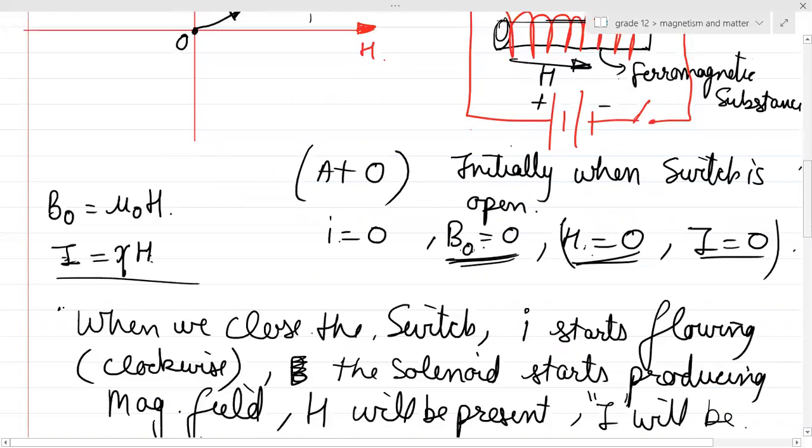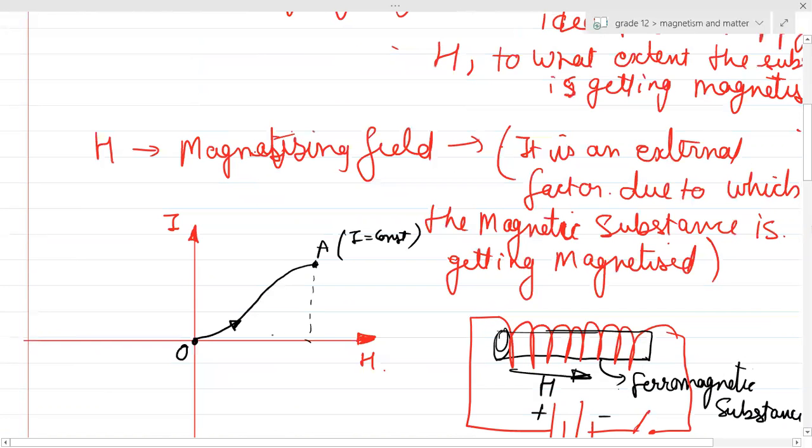We kept on decreasing till H becomes 0. But at this particular time, our assumption was what? This graph will retrace its path back to O, right? Our assumption was that since I'm increasing, it goes to A, and then if I keep on decreasing, it will reach O, right?